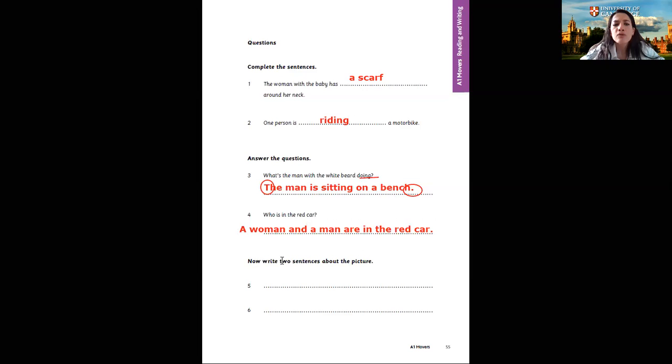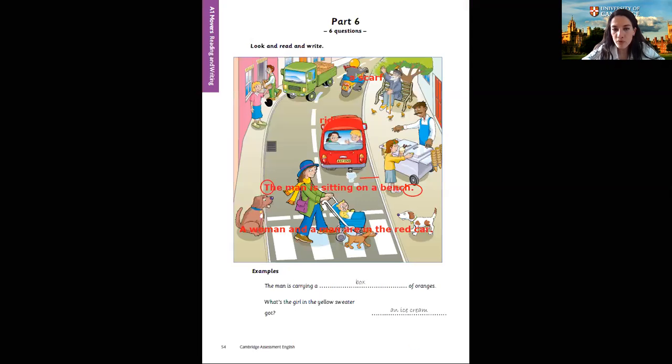Then, write two sentences about the picture. In this case, it's important. Write complete sentences, okay? A complete sentence must have a subject, okay? A person, a verb, and a complement, something extra, okay?